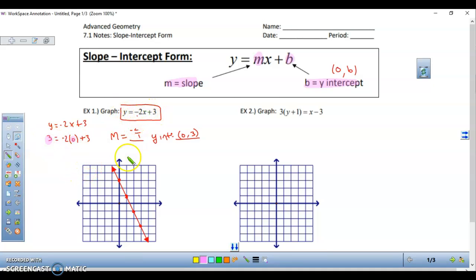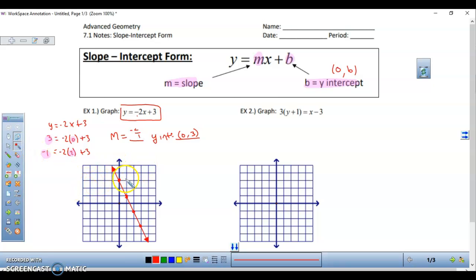That's what this equation tells me, and that's why 0, comma 3 is an appropriate point to put on my graph. Let's pick one of these other points. How about 2, negative 1? When I plug in 2 for x, that's negative 4 plus 3, which is negative 1. So that's why the ordered pair 2, negative 1 also fits on that line.